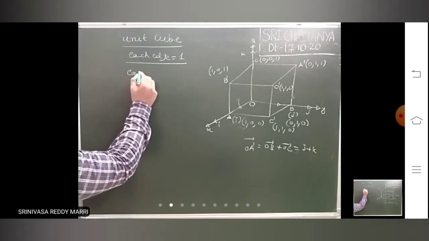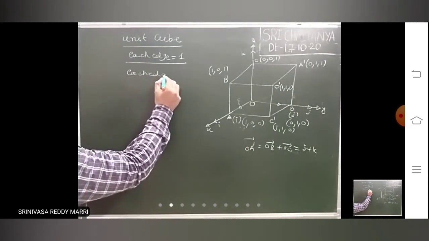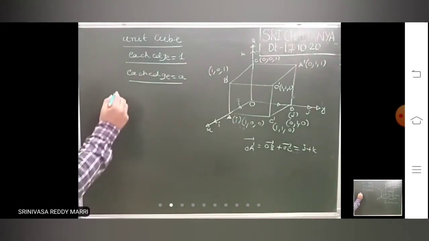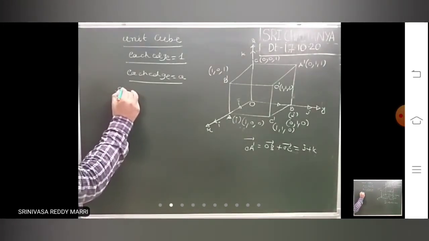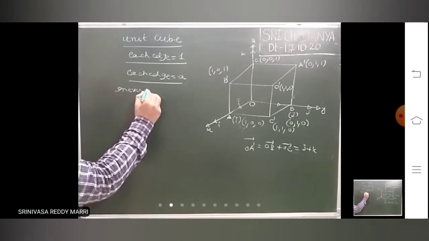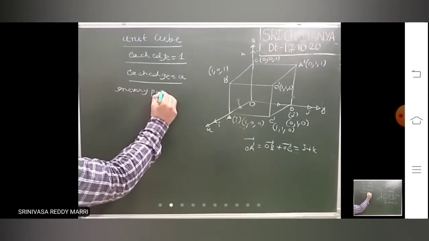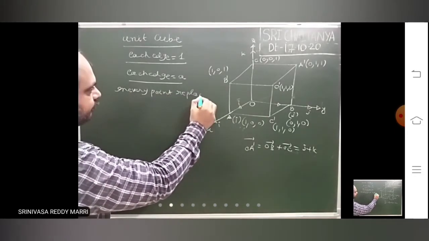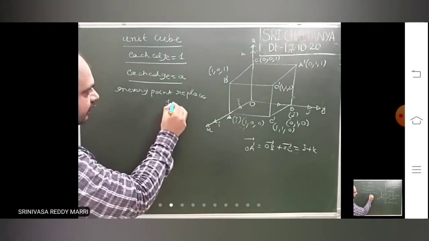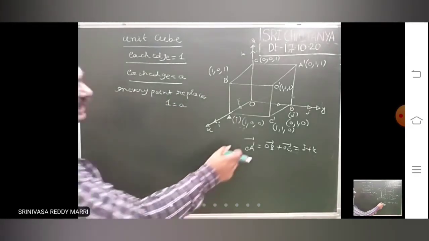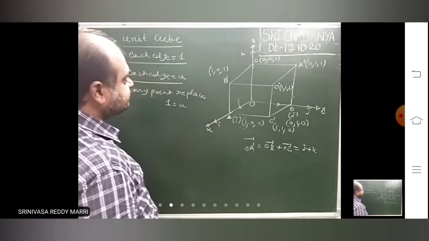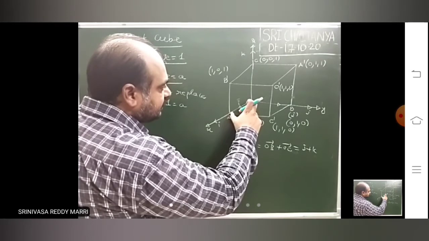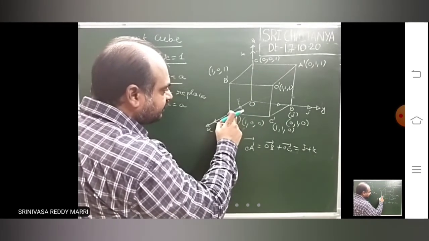Suppose each edge is equal to A. In every point, replace 1 with A. That means if the edge length is A units, suppose this is 2 units, then this vector will become 2I bar.